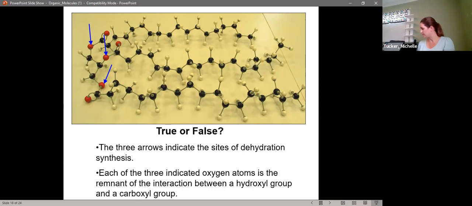So we didn't cover exactly which molecules were involved in each of the reactions for the fatty acids and glycerol.